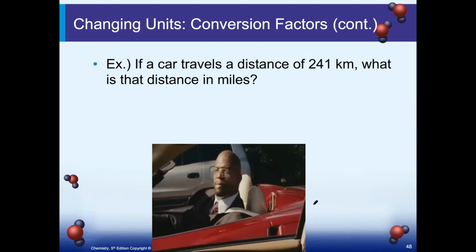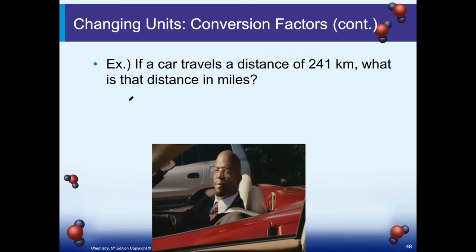So this problem says, if a car travels a distance of 241 kilometers, what is that distance in miles? Okay, so with a conversion factor problem, you always start with the number that you are given that's not a conversion factor. And sometimes you have to look up the conversion factor. In this particular problem, it's not given, but that's because it was in the previous slide.